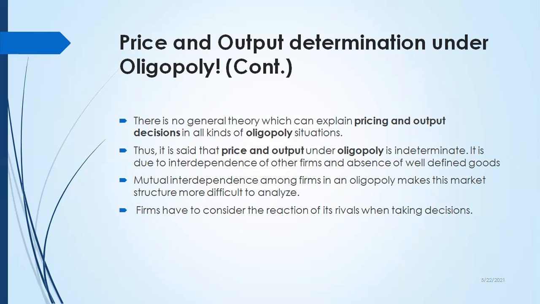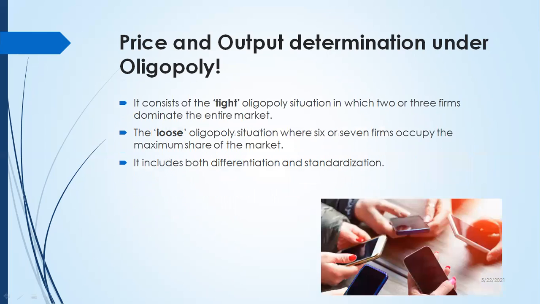Firms have to consider the reaction of their rivals when taking decisions. In a tight oligopoly situation, two or three firms dominate the entire market. In a loose oligopoly situation, we can see six or seven firms occupy the maximum share of the market. It includes both differentiation and standardization in this market.